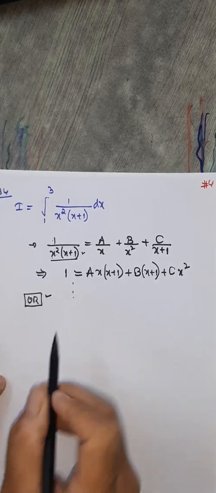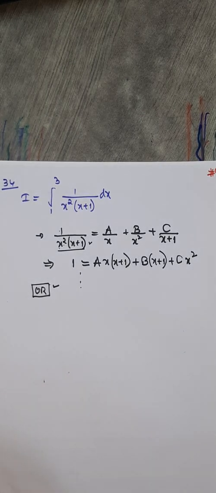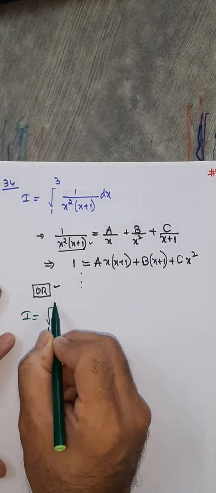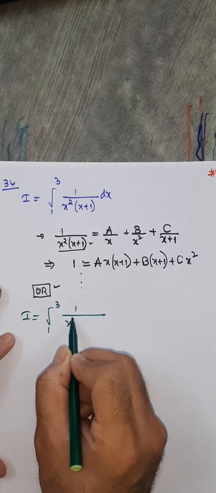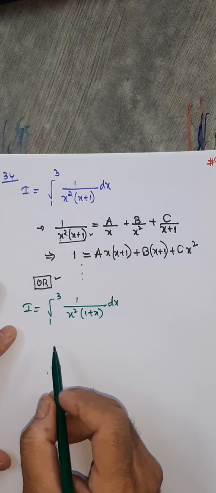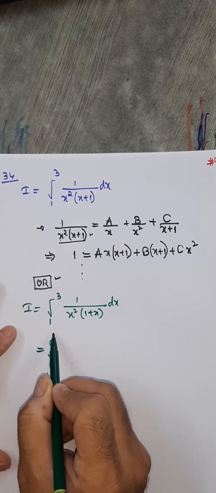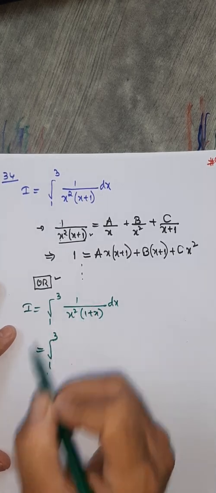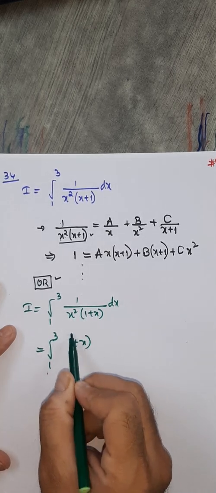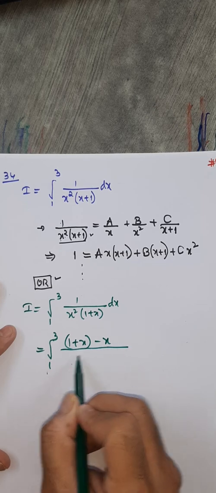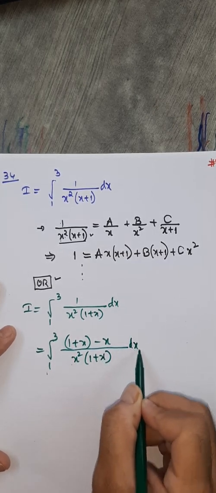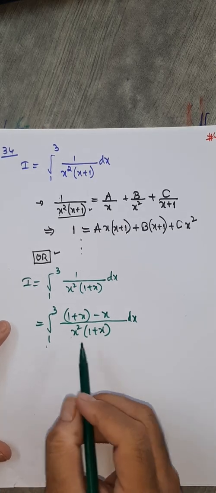Alternatively, without doing all these things, you can do it like this. Here I equals integral from 1 to 3 of 1 upon x square into 1 plus x dx. Here we always try to set the denominator expression in the numerator. So I write plus x minus x upon x square into 1 plus x, adding and subtracting x.